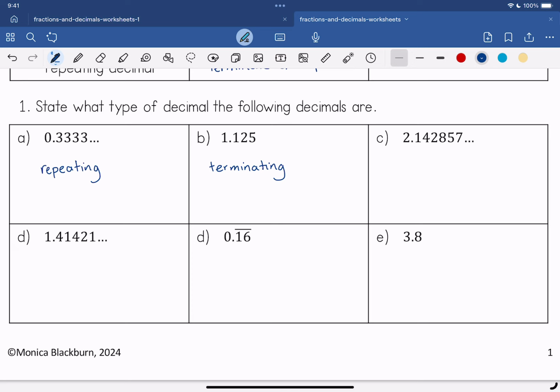C, 2.1428, and then it continues with ... So it doesn't have a repeating pattern, doesn't end, therefore it's a non-terminating, non-repeating decimal. D is the same, non-terminating, non-repeating.